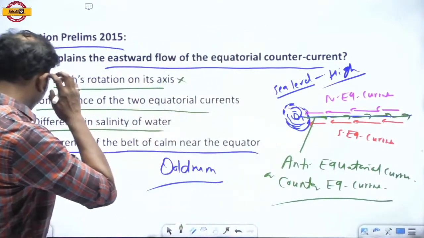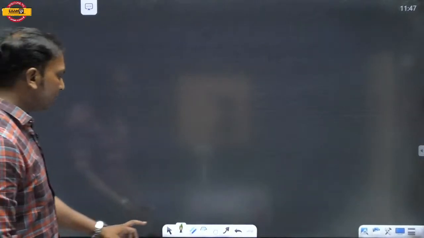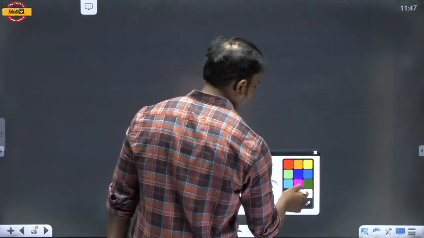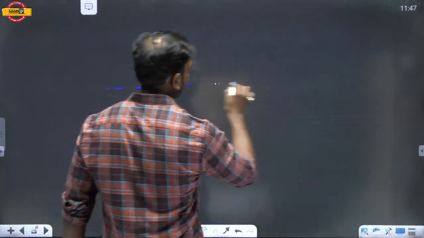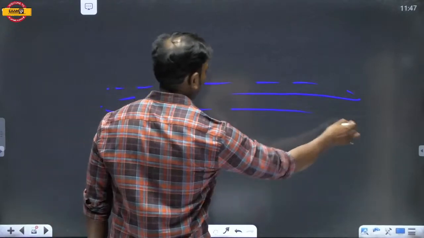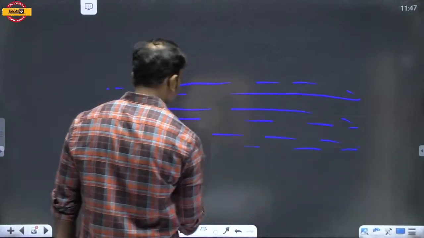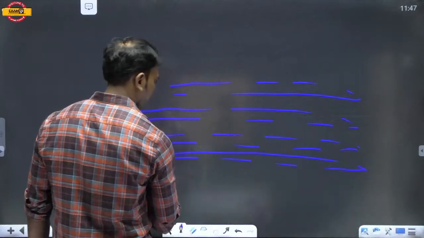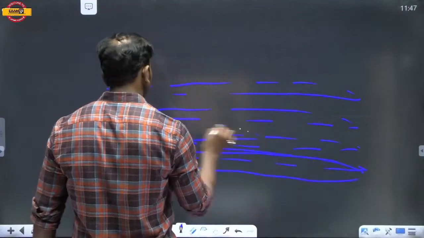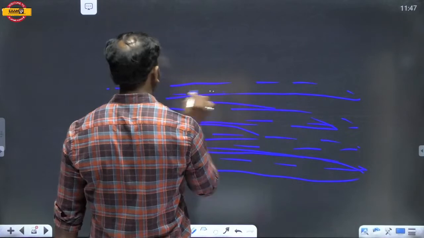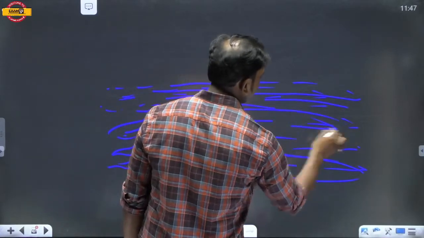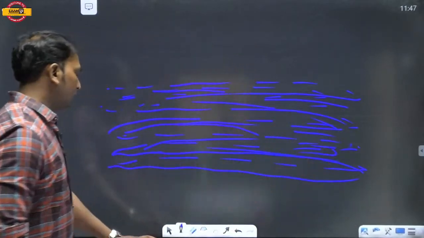And also, one more diagram I am going to explain here. See, this is the oceanic region. I have just given the idea of how the origin of currents happens in this region.